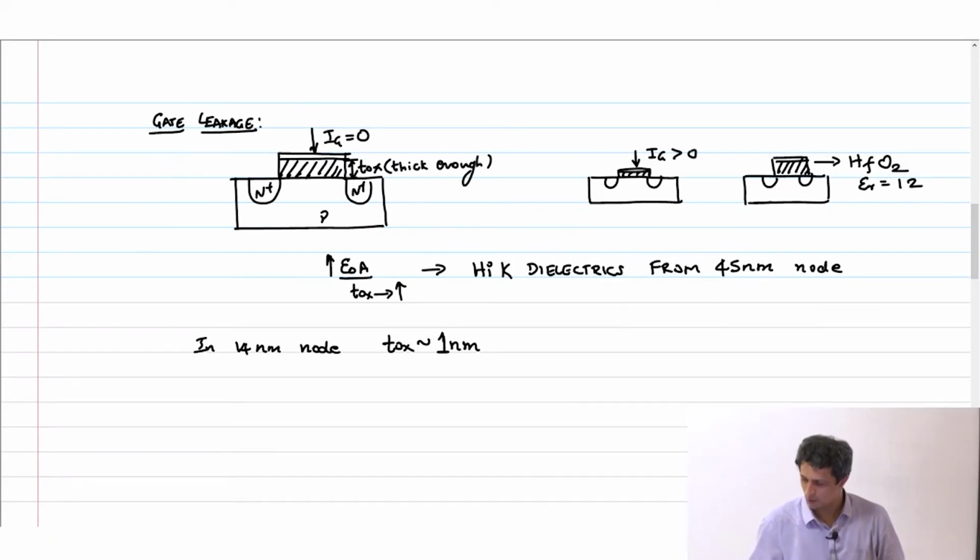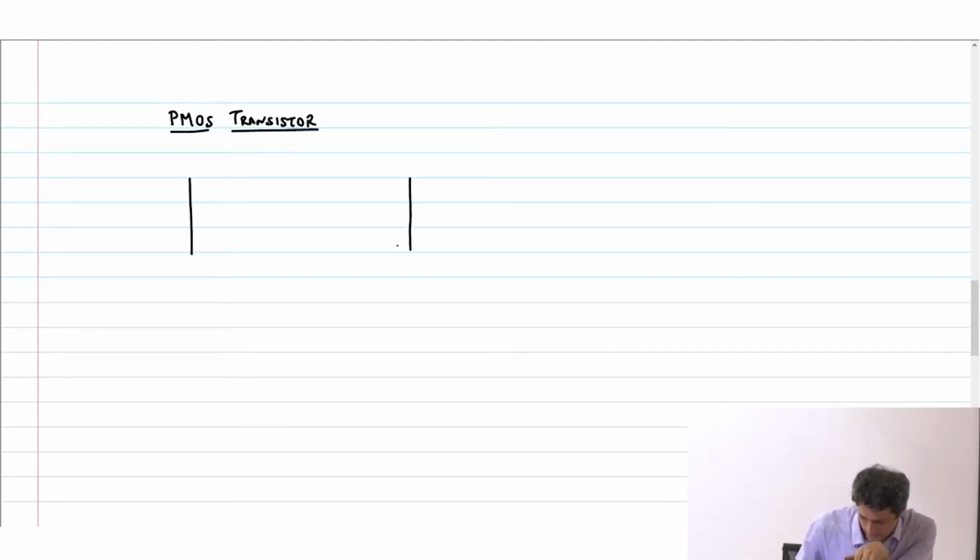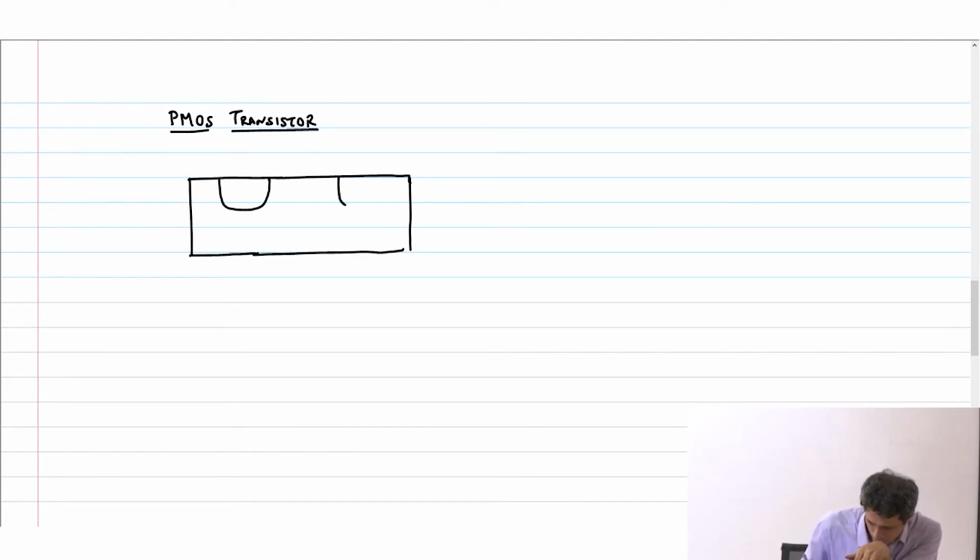Now we will move on to the PMOS transistor. So the PMOS transistor, the structure is exactly the dual of your NMOS transistor, where I have diffusions which are P plus.